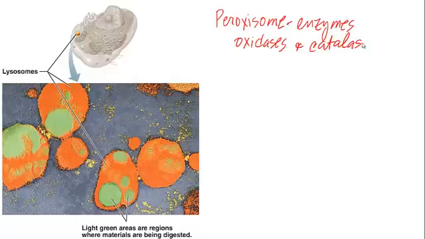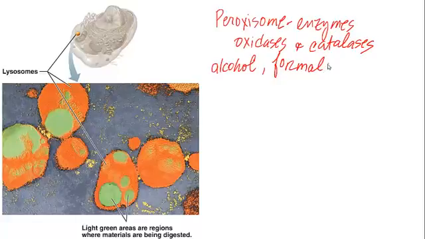What they're going to do is use oxygen to detoxify certain chemical structures, for example, alcohol or formaldehyde. These are two chemicals that can be very, very harmful to the body. So the peroxisomes are going to destroy these.